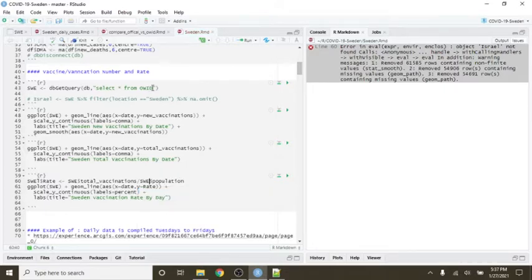So let's just come up here, and where it says, let's just do where equals this.